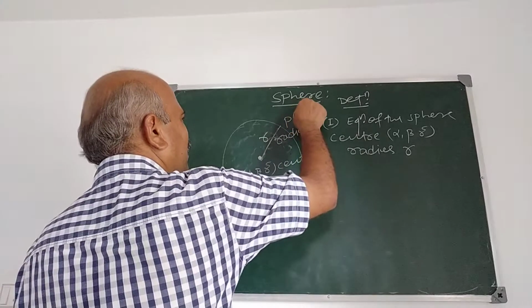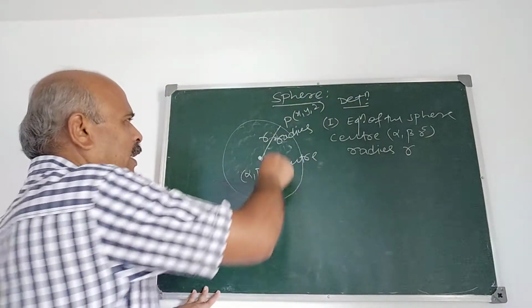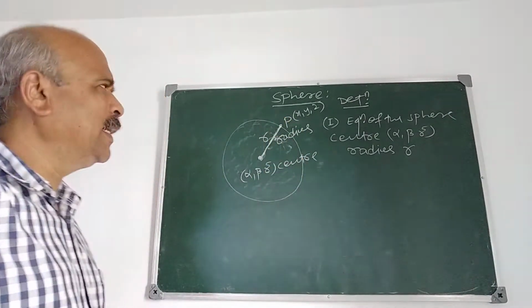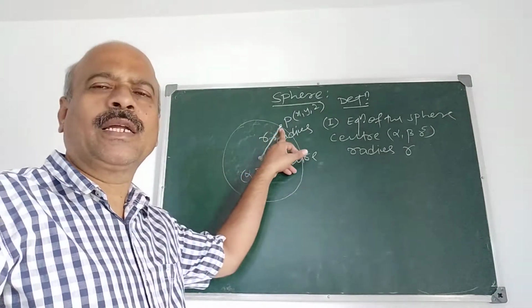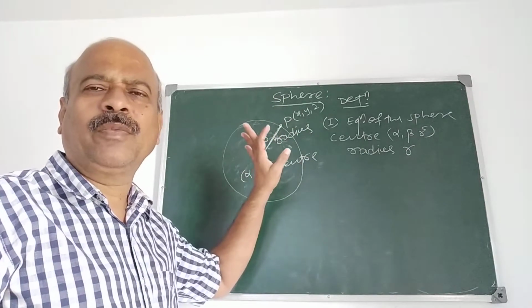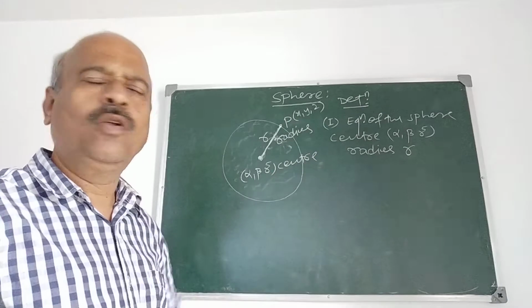For that we take an arbitrary point x, y, z on the sphere. And what is the condition under which this point moves? To find the equation of this figure, we have to use the geometrical condition under which this point moves, because it is defined as the locus of a point. To find the sphere means we have to find the equation for the locus.